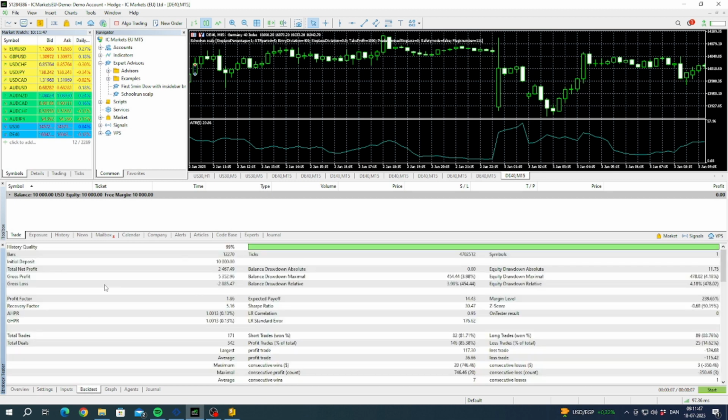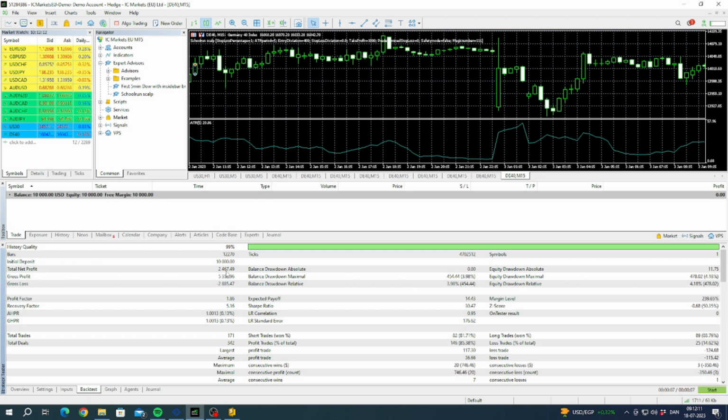Let's see the backtest results here. You see a profit factor of 1.86, which is very good actually. Profitable trades 85.4%. Maximum drawdown of 4%. Maximum equity drawdown of 4.2%.